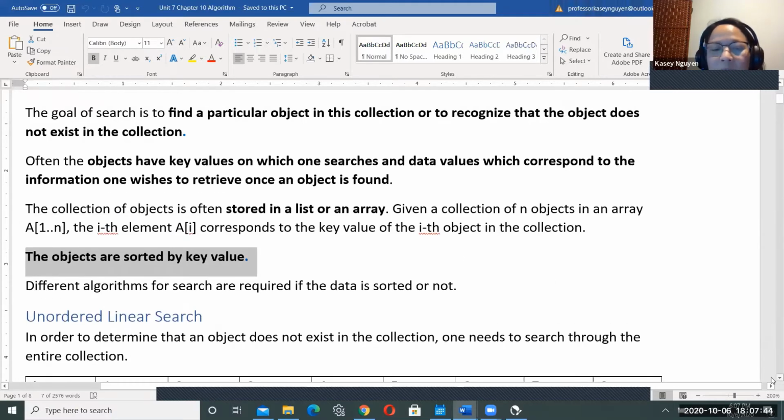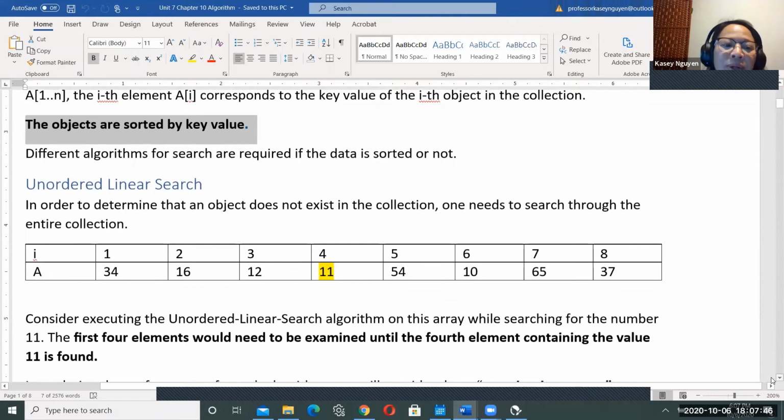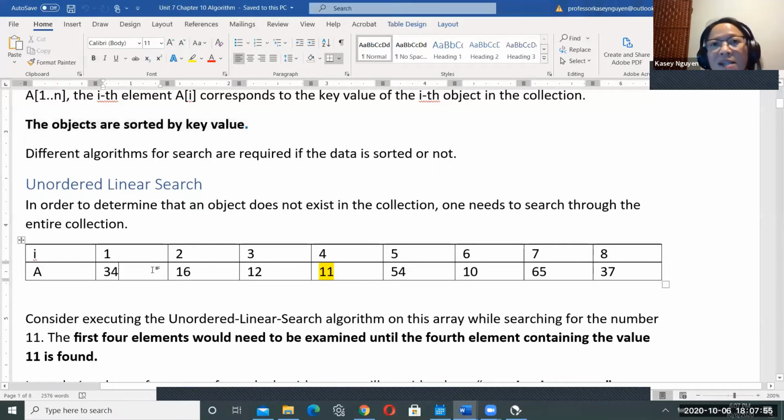So in the first part, it talks about an unordered linear search, meaning that you have data that's not pre-sorted. It is unordered, very much like a set. It would have unique values, but there's no ascending or descending sort, meaning that we don't go from low to high. It's not pre-organized in a certain manner.